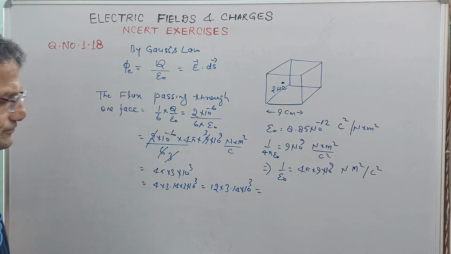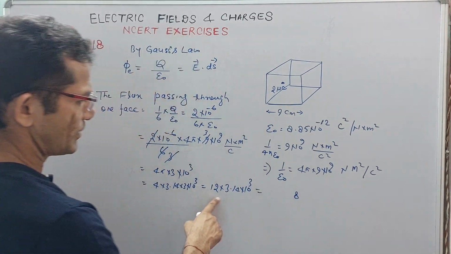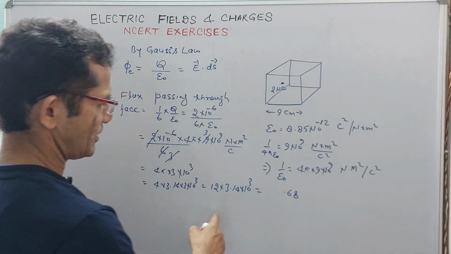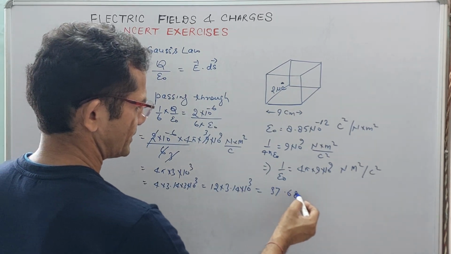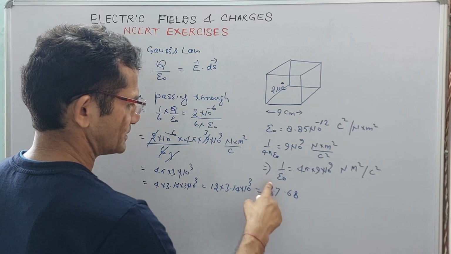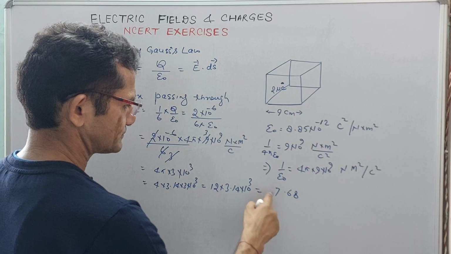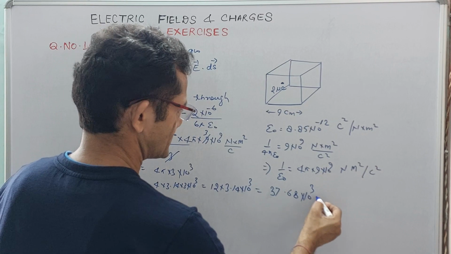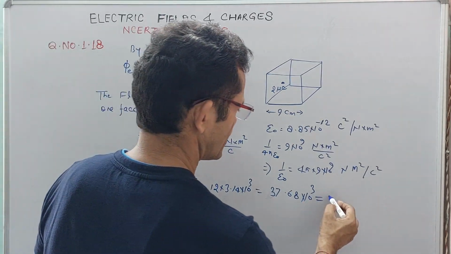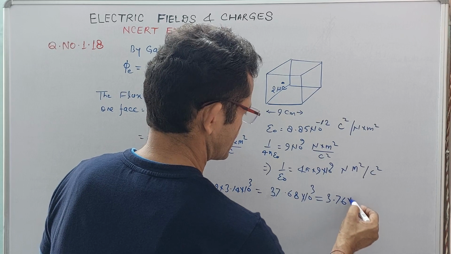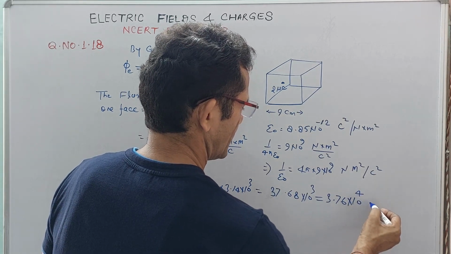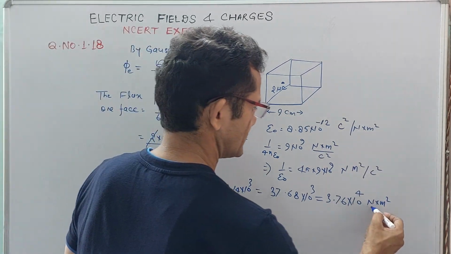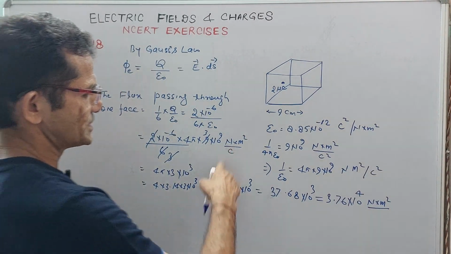Now 12 into 4 is 48, 12 into 1 is 12, carry over 1, and it is 37.68. Writing in the standard format, approximately 3.76 into 10 raised to the power 4 Newton meter square divided by coulomb.